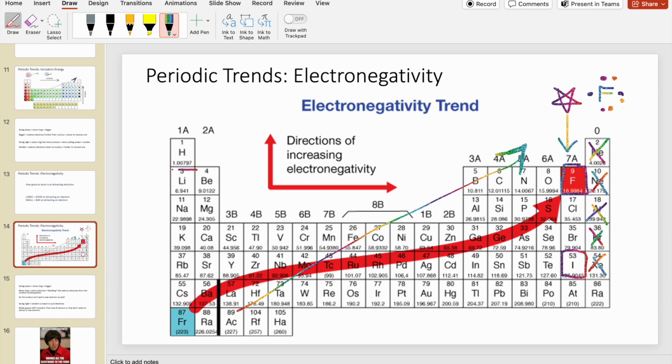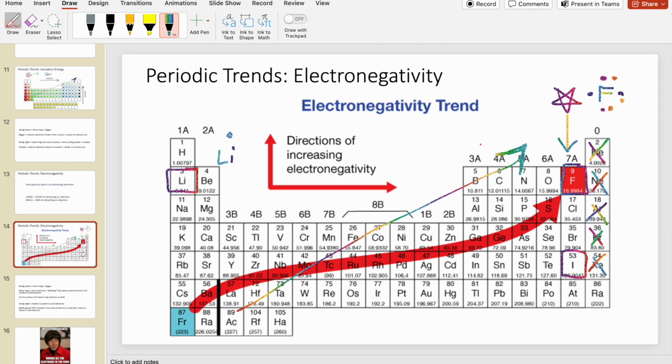Now, let's say you're over here at lithium. We just explained why going up and down makes it easier or harder to attract electrons. But now let's talk left to right. Lithium only has 1 valence electron, and that also makes it large. Lithium is larger than fluorine, so it is harder to attract an electron because of that. But there's more to it.